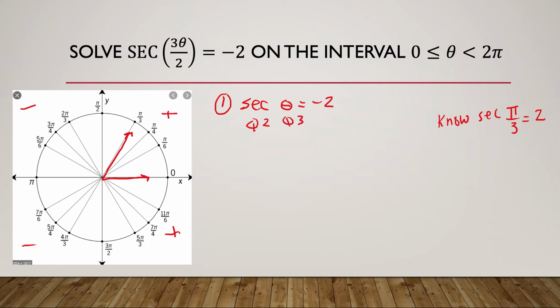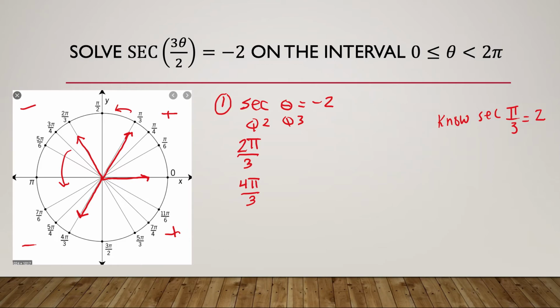When I flip this line over into the second quadrant, we are going to be here, so that's going to be 2 pi over 3 for one answer. And when I flip that line down into the third quadrant, it's going to fall here at 4 pi over 3. That gives me starting places for both lines of answers.